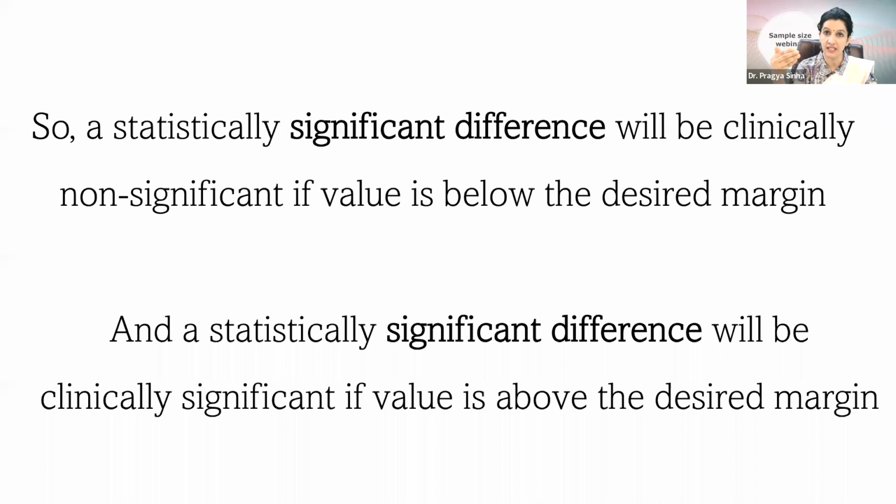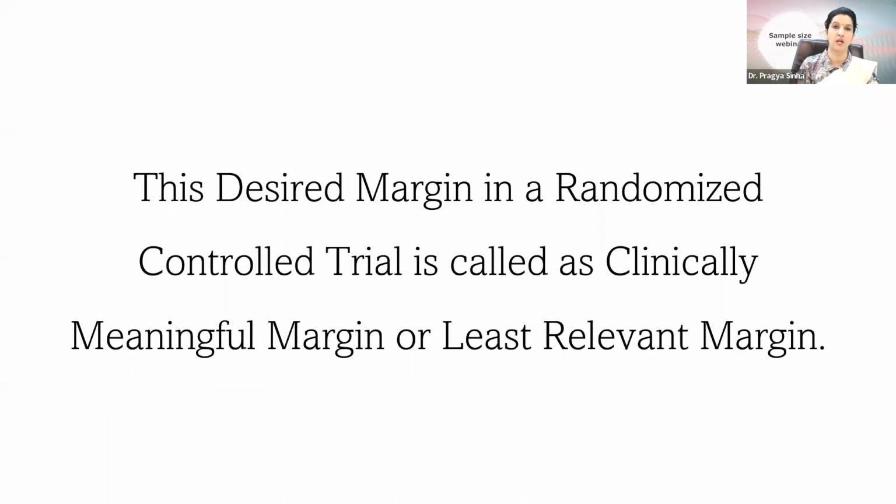Similarly, a statistically significant difference will be clinically significant also if the value is above the desired margin. This desired margin in a randomized controlled trial is known as the clinically meaningful margin or the least relevant margin. And there is a way to set this margin also.